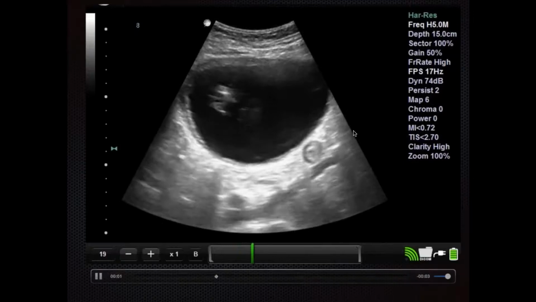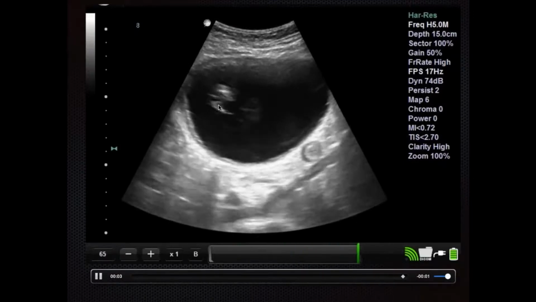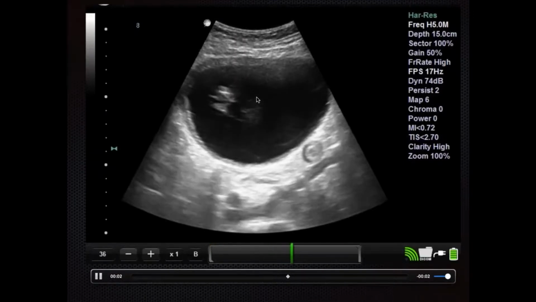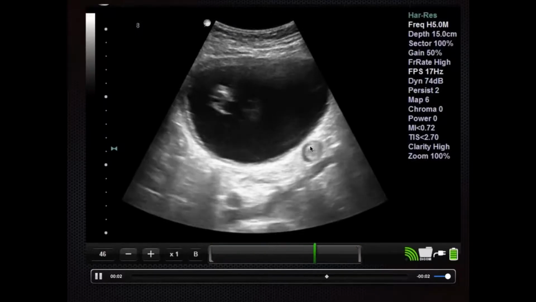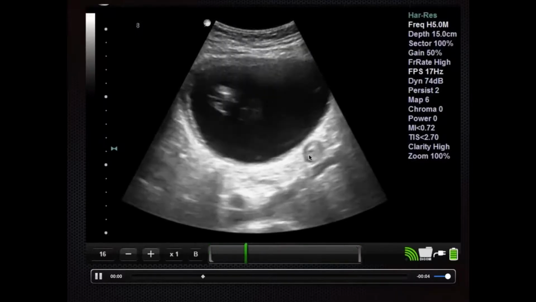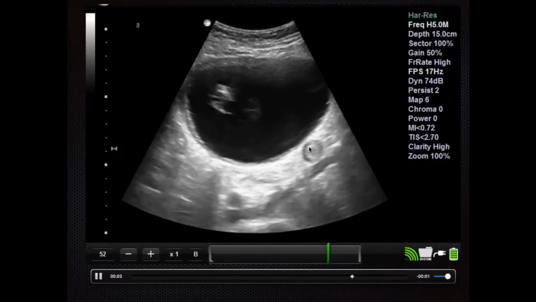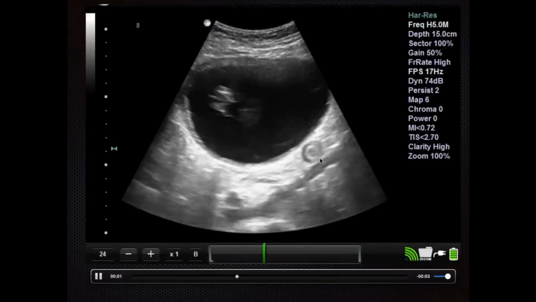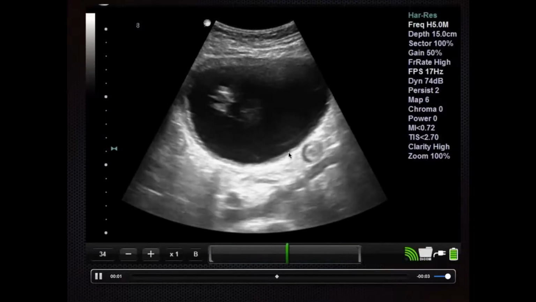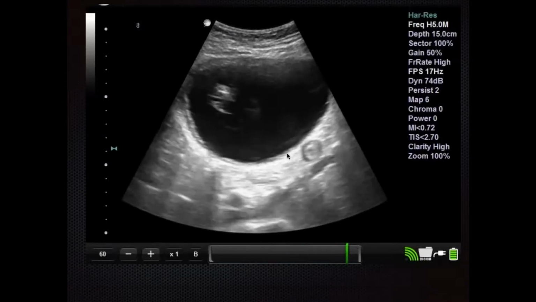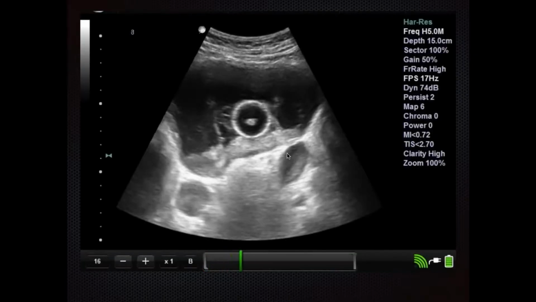And what you see here is a lot of hyperechoic material within the bladder. And again, this is beyond point of care, but of interest, there's also a hyperechoic area within the left ureter on this patient. Here's another view of the same patient.